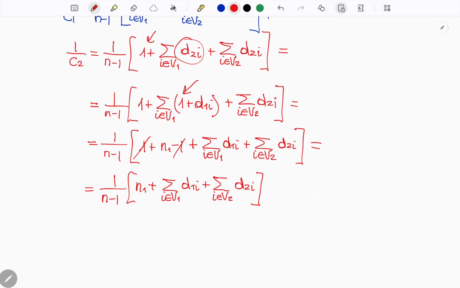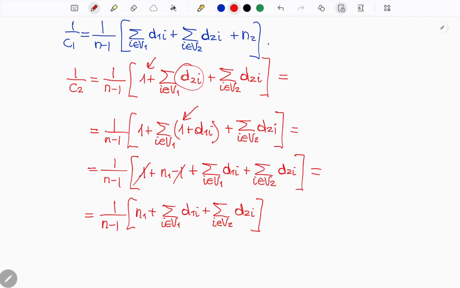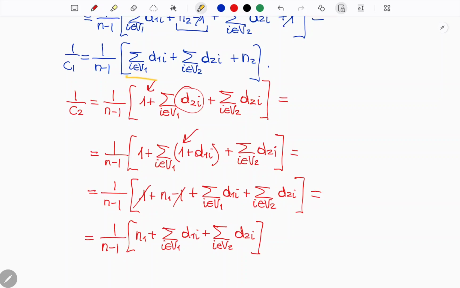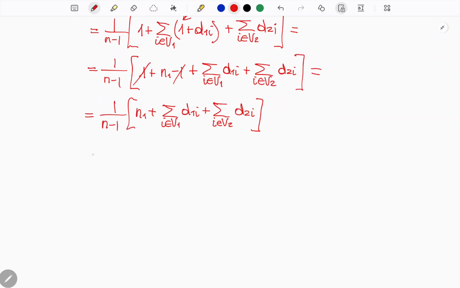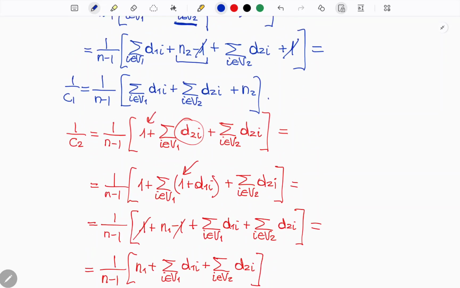Okay, so this is the final expression. You can see that we have this part on this expression, and this part on this expression. So what I can do is express this summatory in terms of C1.